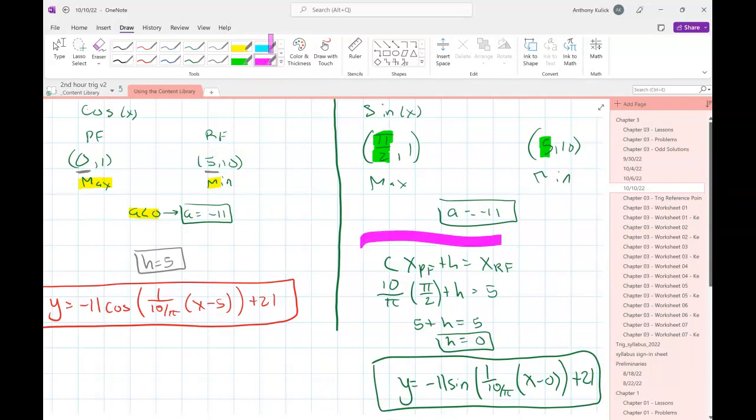This is the step that I get to avoid if I'm just choosing my function intelligently, right? If I'm being careful on whether I want to choose a sine or a cosine function, that's the step that I can avoid. Which again, it's not the end of the world if you have to do that step, but why not avoid it if you can? Right?